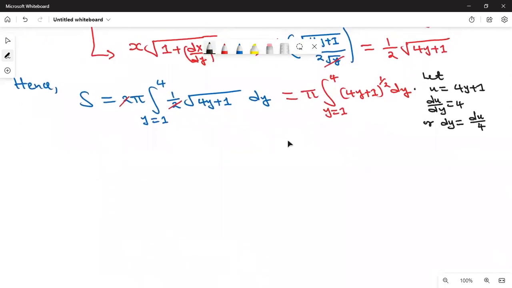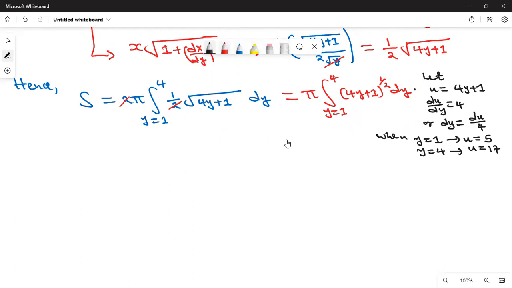So when y is equal to 1, what will be u? If you put y equals 1, u will be 5. And when y is equal to 4, u will be equal to 4 times 4, 16, plus 1, and so that is 17.